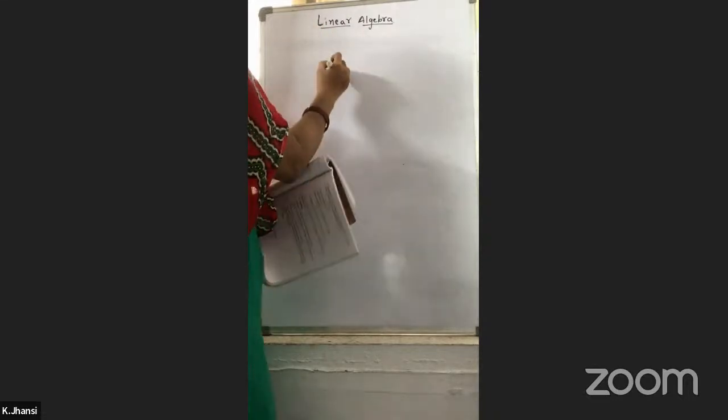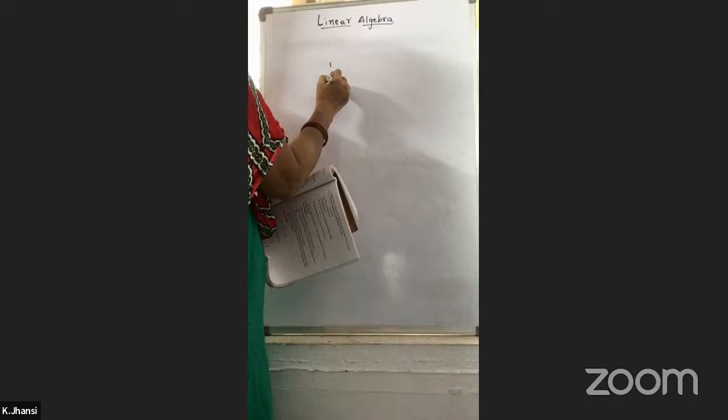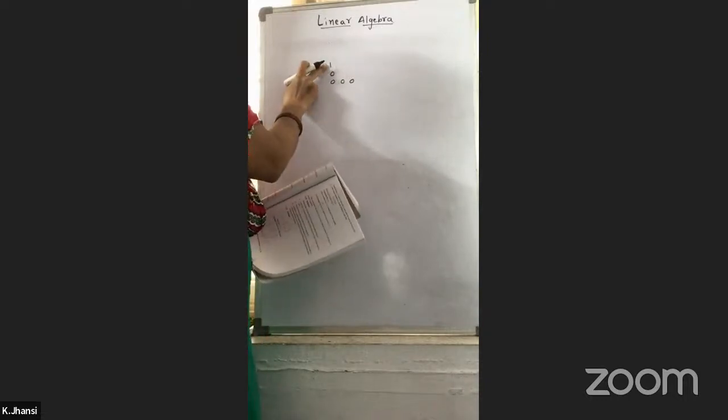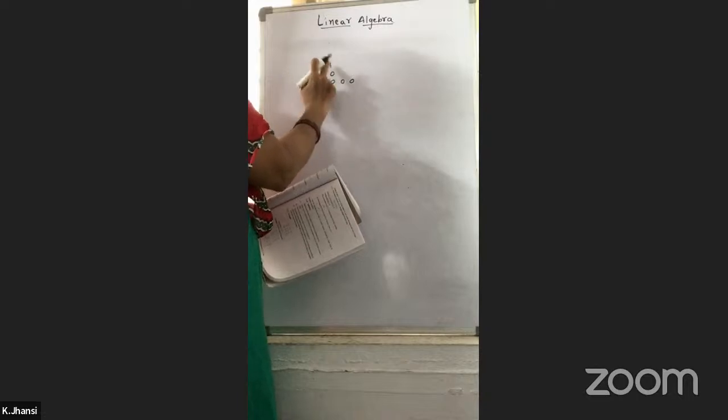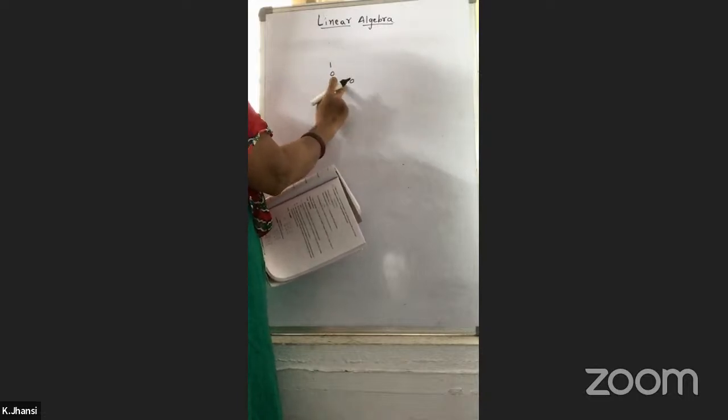A matrix A is said to be in echelon form if every row of A which has all its entries 0 occurs below every row which has a non-zero entry. So the first element of the first row and first column should be 1, under that it should be 0, and under that it should be 0. If you convert any matrix like this, then we call it an echelon form. That is what is given in your definition. One example problem is given in the textbook, 7.2.11. So we'll see one problem from the check your progress to find the rank of the matrix.